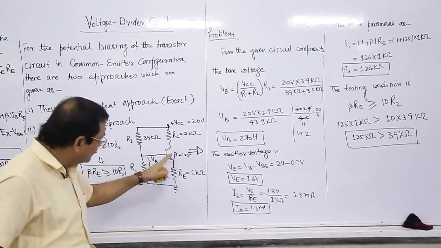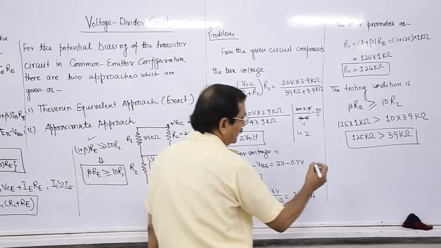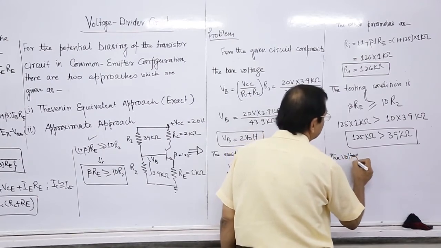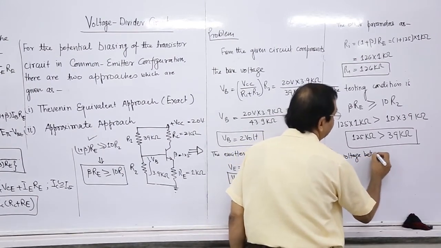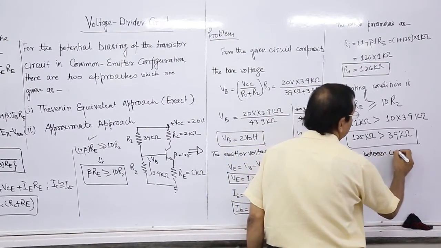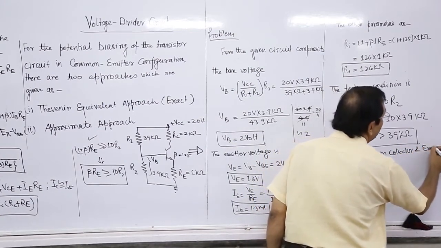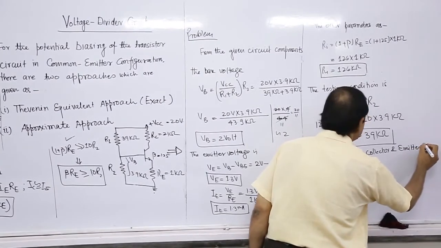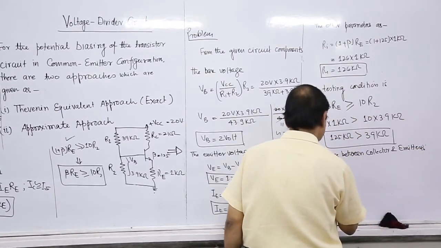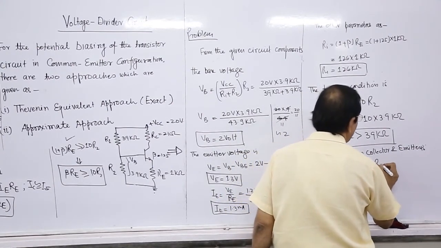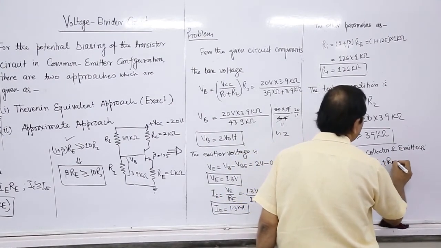The voltage developed between collector and emitter is VCE, that is VCC minus IC into RC plus RE.